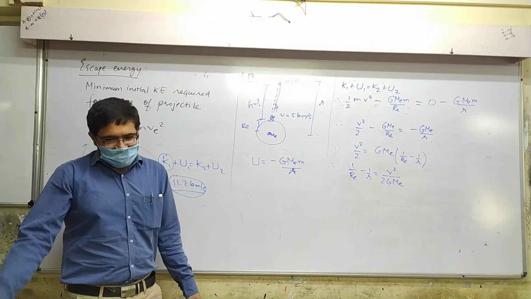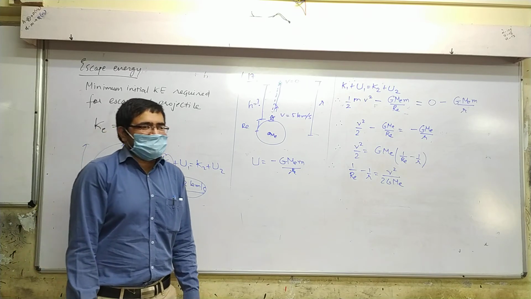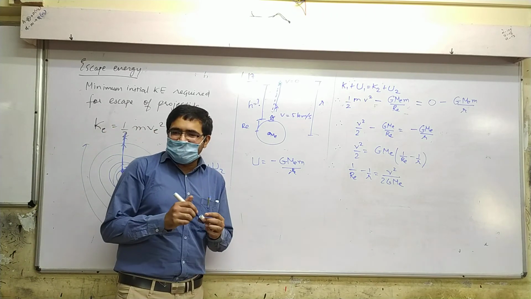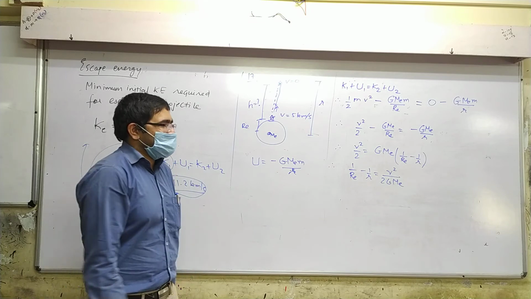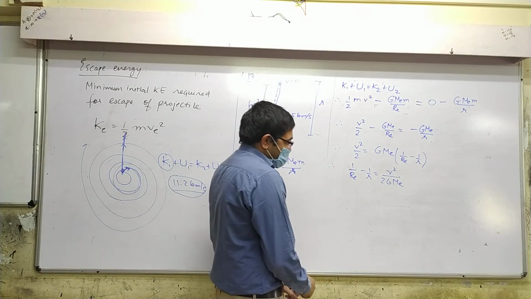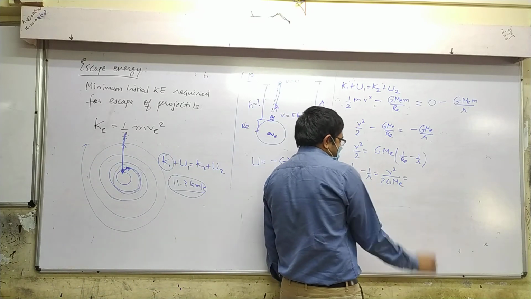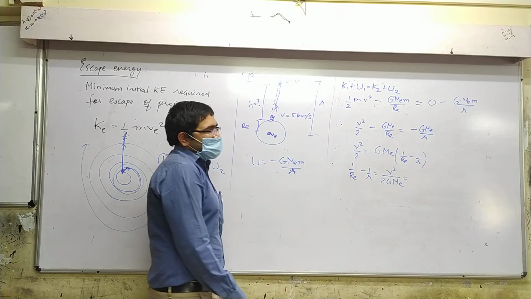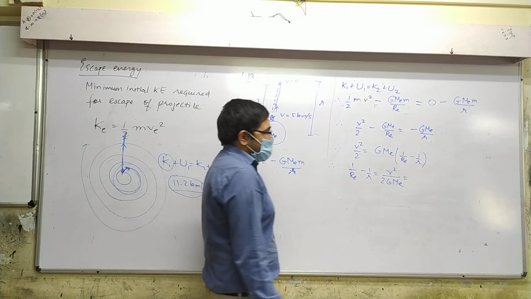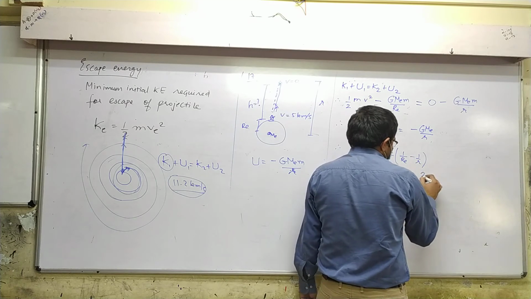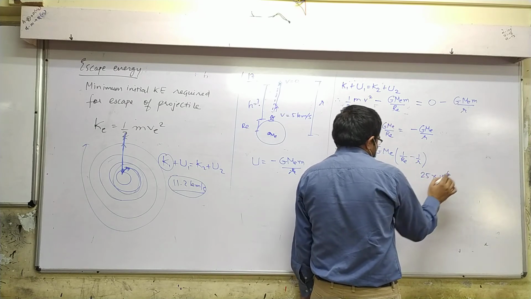Yes. Take your calculators out. Come on, it's tight. Now it can't be done without it. It will get very tiring. I will get tired. You will get tired. Okay, do we have the value of V? Yes. V is 5 km per second. It is 25 into 10 raised to 6.